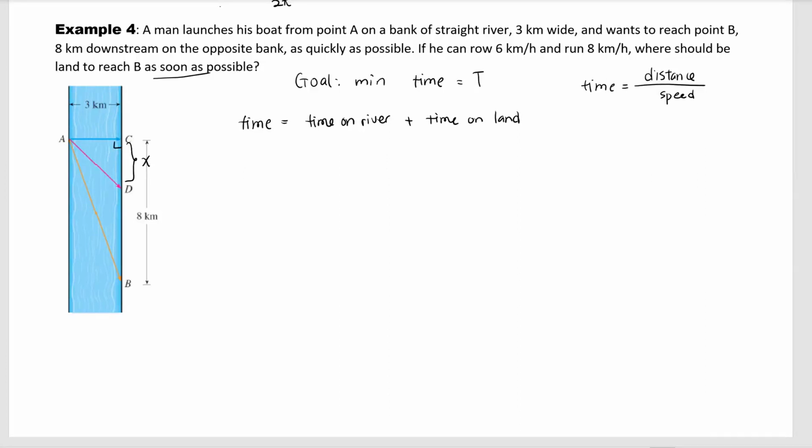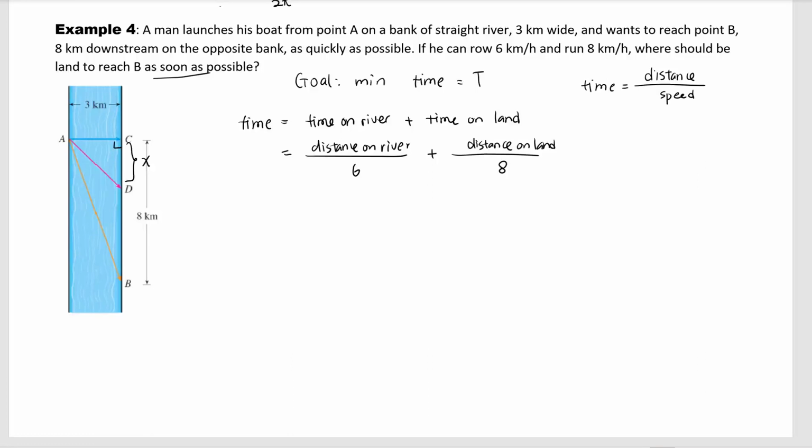So time on the river is the distance on the river over the speed on the river, that is 6. And the distance on the land over the speed on the land, so he runs 8 kilometers per hour. So what's the distance on the river?